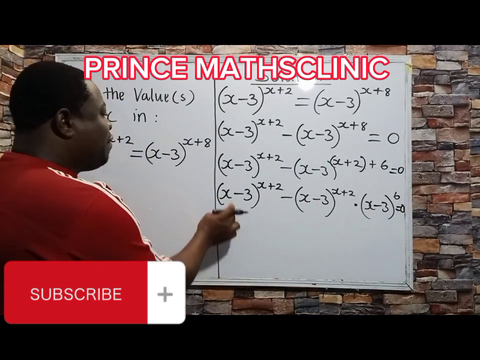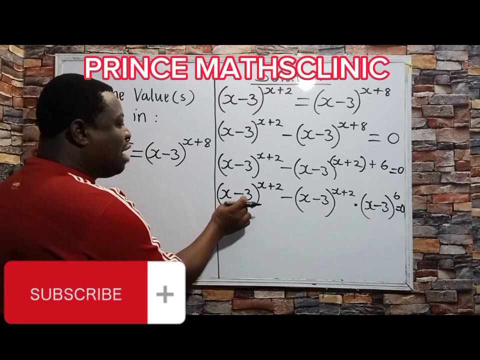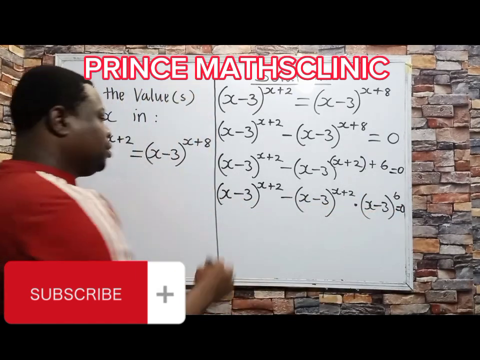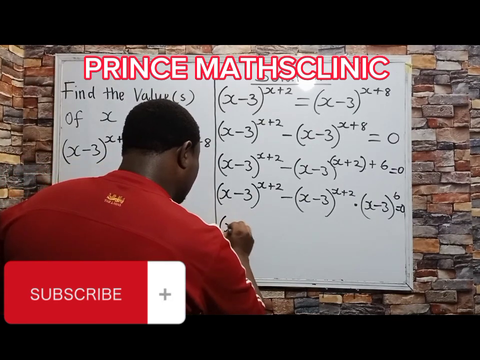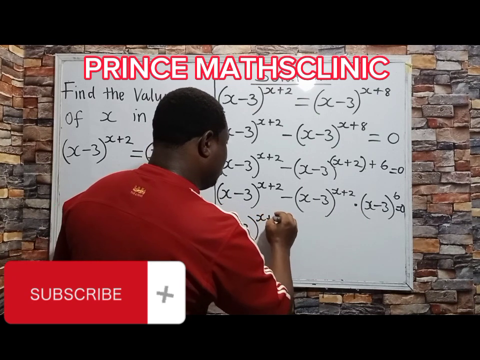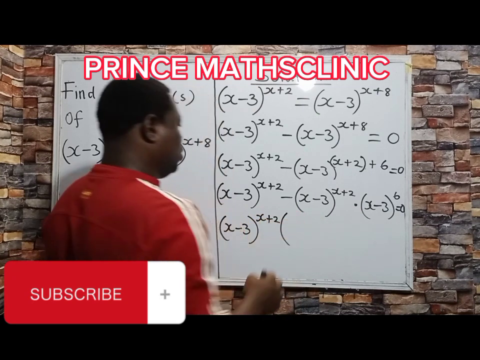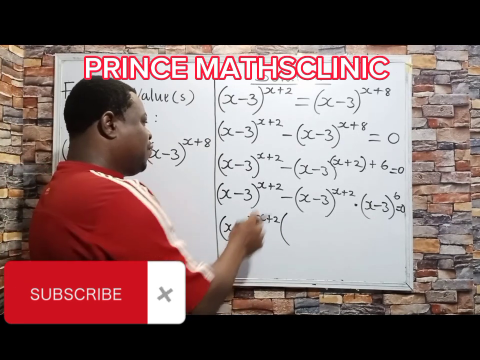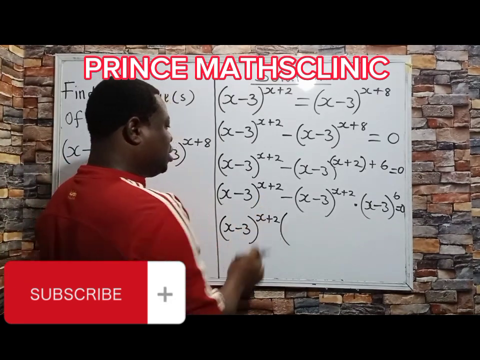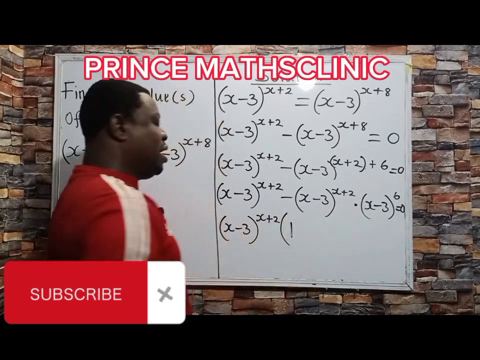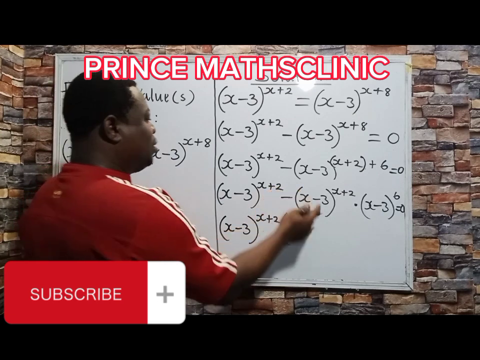Then at this stage, I can factor out (x − 3) because I have (x − 3) here, (x − 3) here, (x − 3) here. So I can factor out (x − 3) as well as I have this as the power here, so (x + 2) out from this particular one. Therefore, if I factor out this, I'm going to have 1 here, then minus.